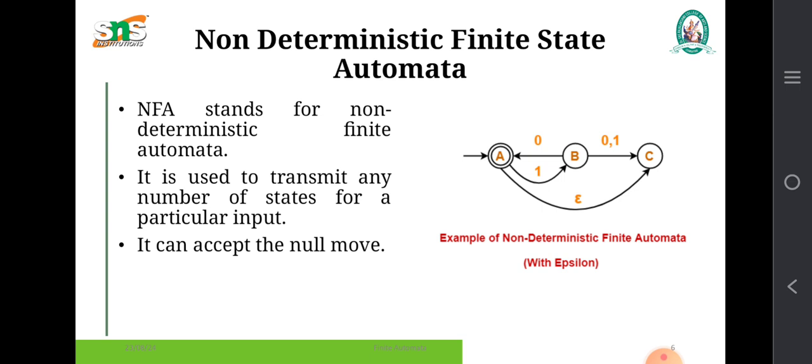The deterministic finite state automata will accept only one input at a time for transition and it will not accept the epsilon, which is a null string or null character. But in the non-deterministic finite state automata, it accepts more than one input at a time and also it accepts a null move, that is epsilon.